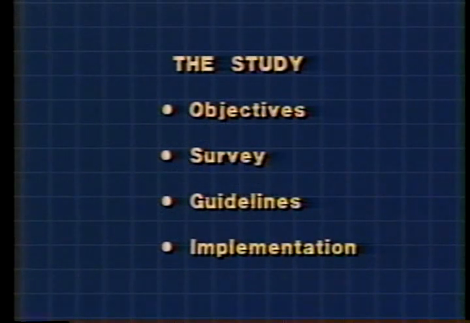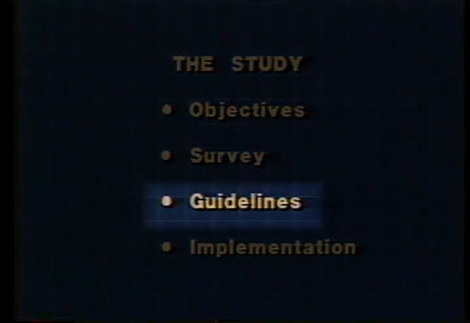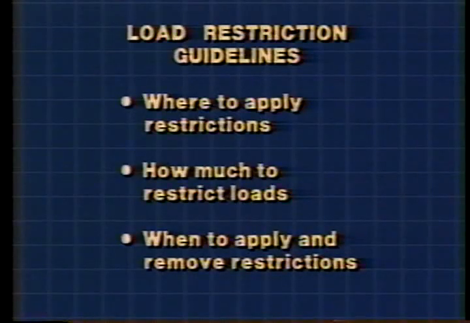Using information taken from other reports, the survey of other states, cities, counties, and provinces, and analysis, the study formulated load restriction guidelines. These guidelines include where to apply load restrictions, how much load restriction to use, and when to apply and remove load restrictions. The guidelines are general in scope and are not intended to be absolute, since the nature of the problem is site-specific.